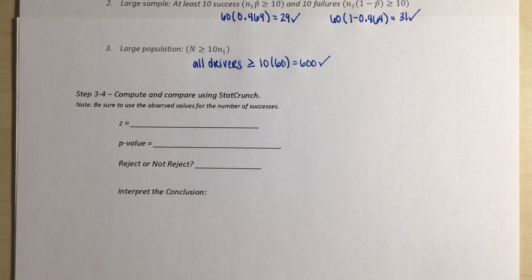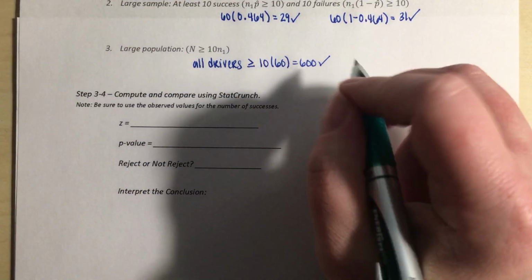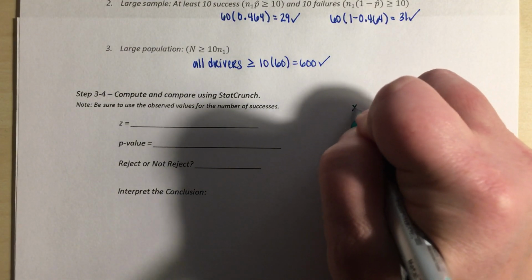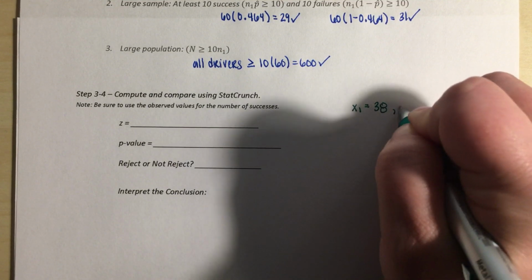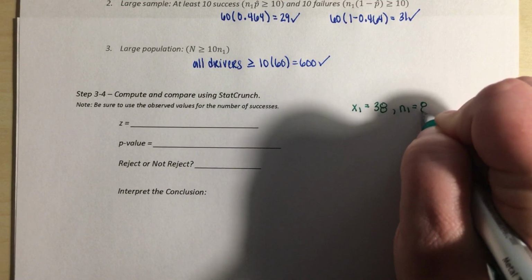All right, so now here's where it comes time to put our information into StatCrunch. As we are plugging this into StatCrunch, we are going to go back to our original information that was given in our problem. We want to be sure to use the observed values for our number of successes. So our observed value, our x1, was 38 and our n1 was 80.